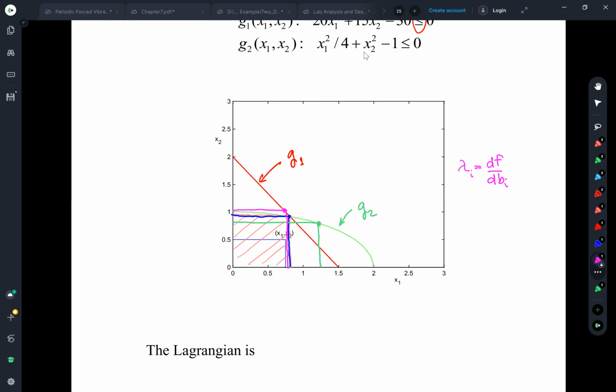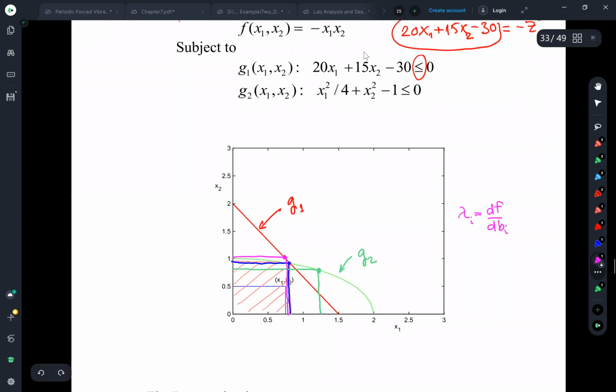Or if I reduce B, for example, look at this one. Where is my B? B is here. This is B1 and this is B2.